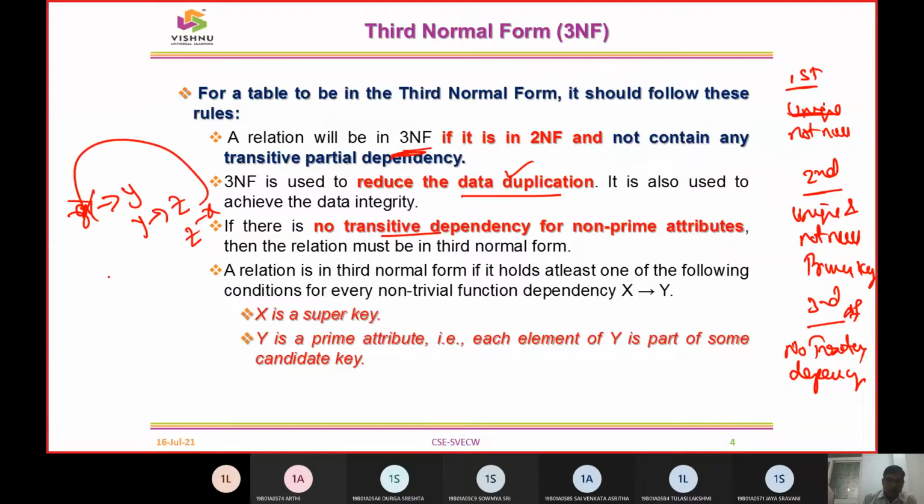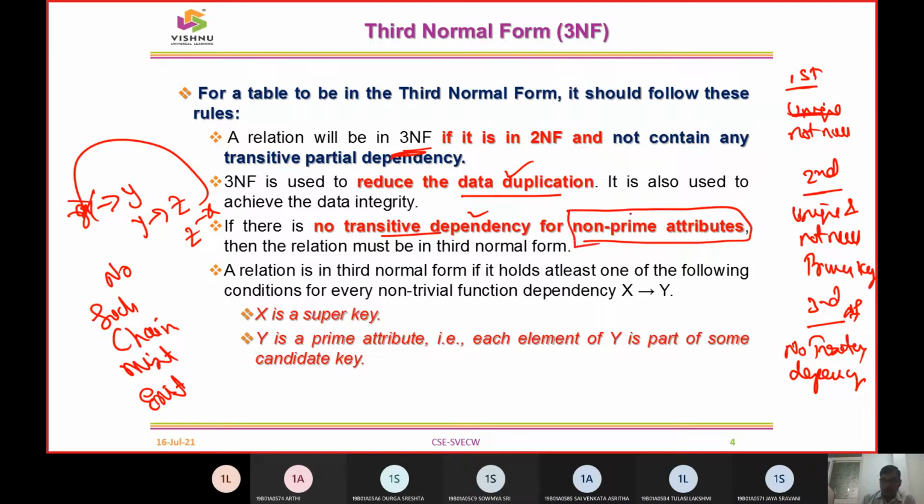So no such chain must exist. Then we say there are no transitivity dependencies for non-prime attributes. So that is the first key takeaway we have to check.